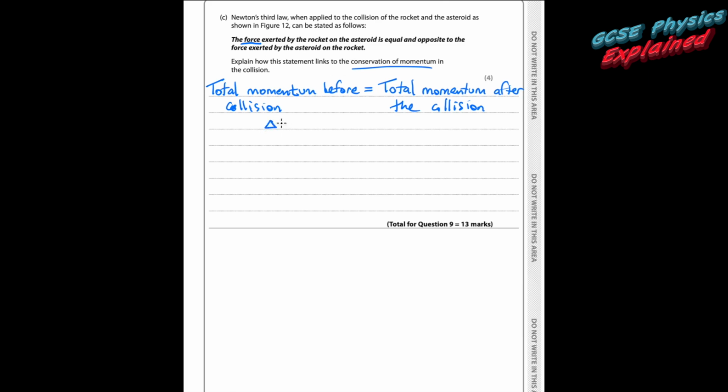So the change in momentum of the rocket divided by the time, so the impact force in other words, will equal the change in momentum over time for the asteroid.